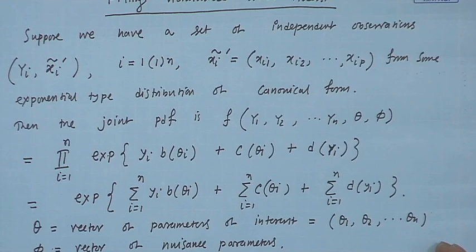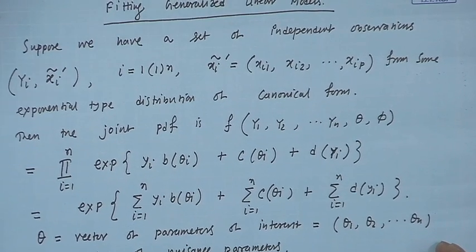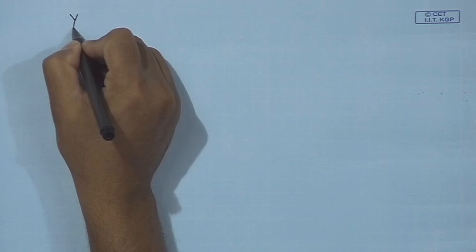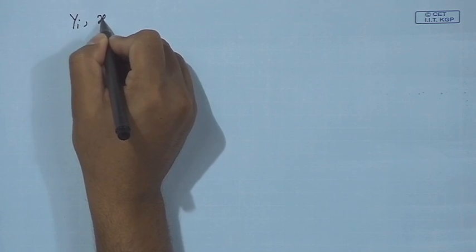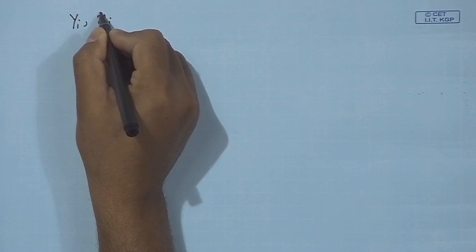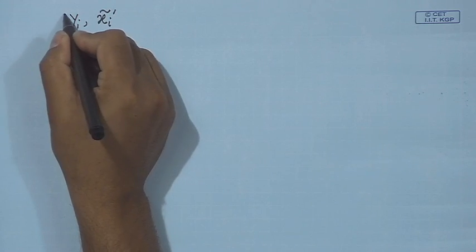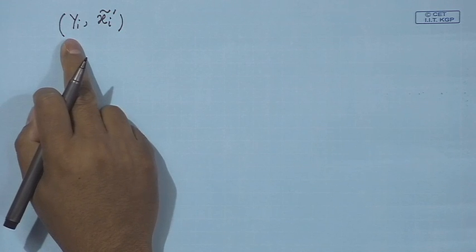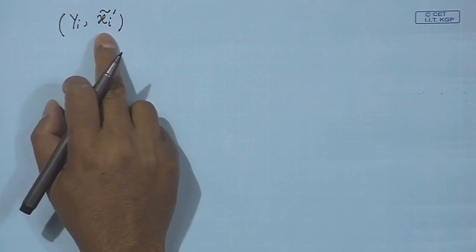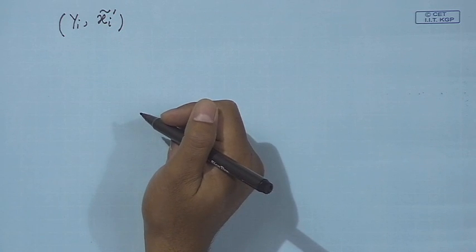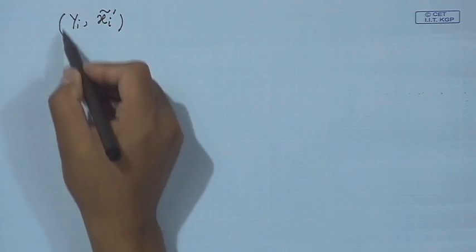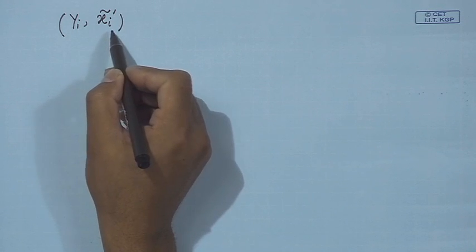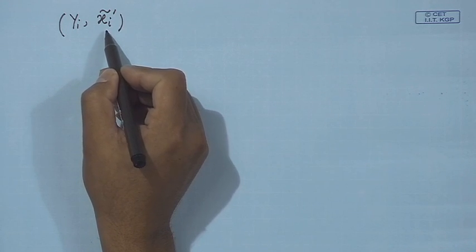So, next what we want is that we are given say y i and x i like the previous cases. So, we are given the response variable and we are given the values for the p regressors, and what we want is to explain the variability in y in terms of the x i's.